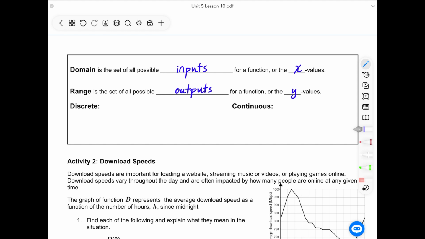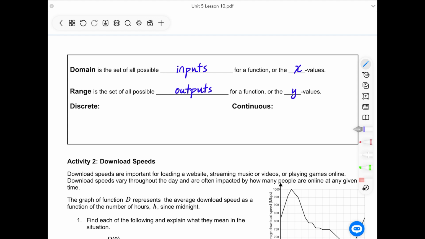Now, as we have seen in Activity 1, sometimes we have values that only make sense in context for whole number values, or even in some cases, certain decimals, but not all possible decimal values.